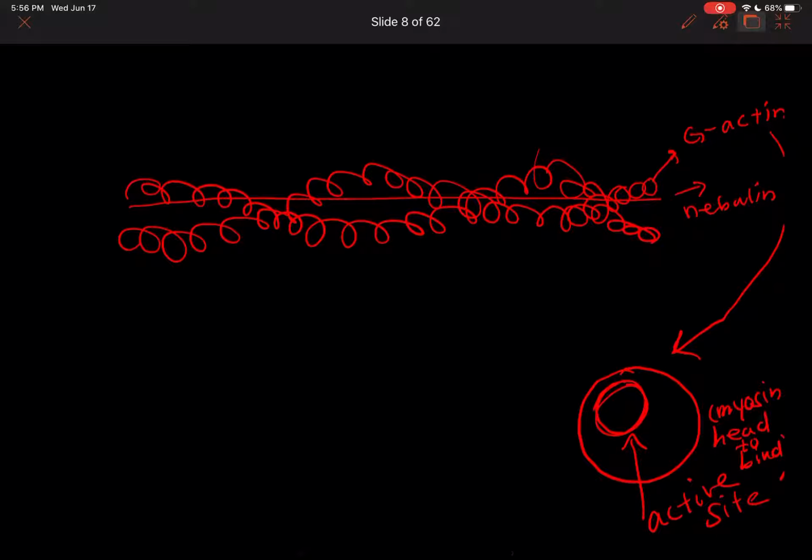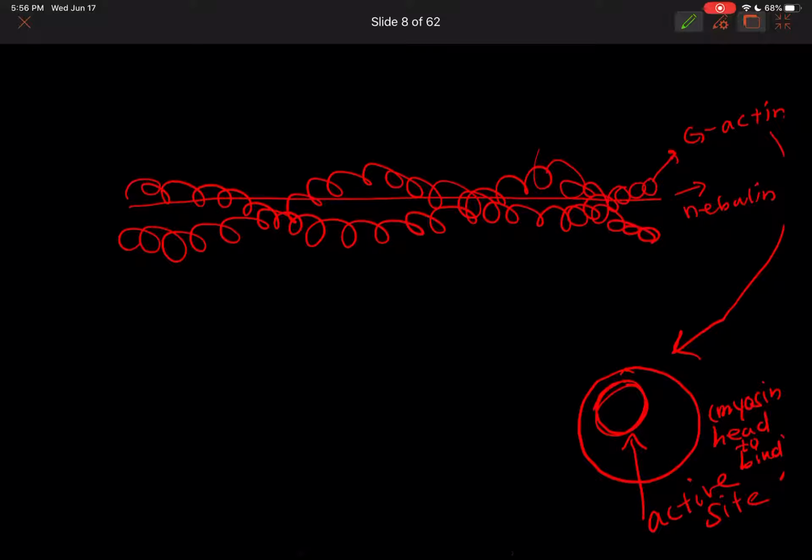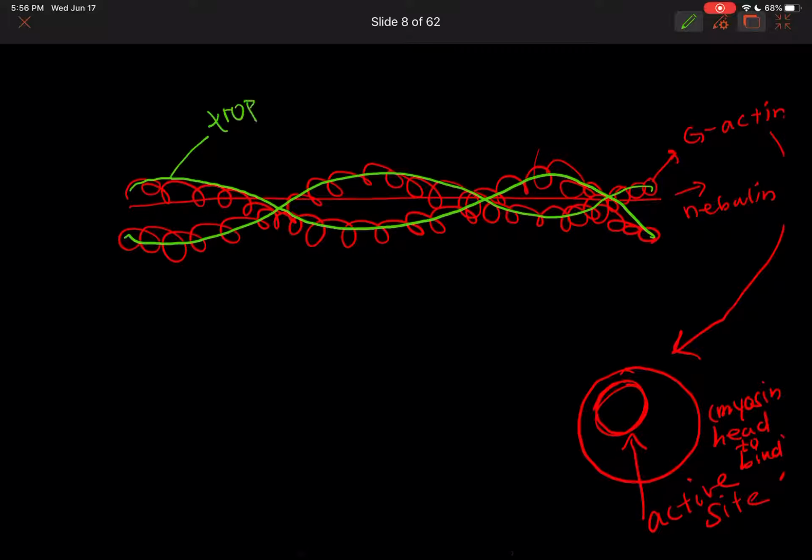And then around the G-actin, I'm going to use another color. Let's use green like it was showing. We have this twisted band that also goes around all the G-actin. That is your tropomyosin.